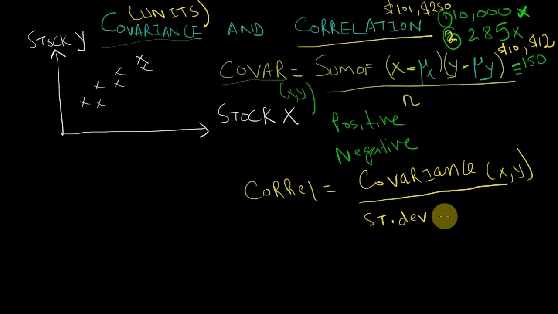I'm just writing in shortened form, standard deviation of x and standard deviation of y. So that's correlation. Now, the beautiful thing about correlation is it's always between -1 and +1.